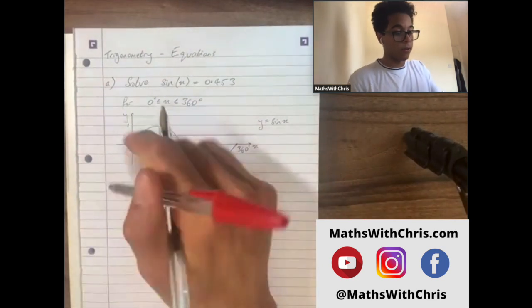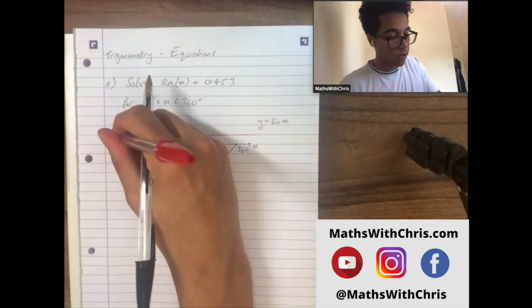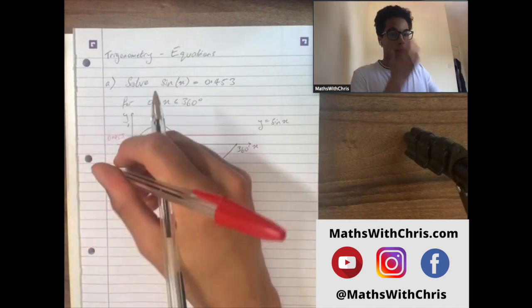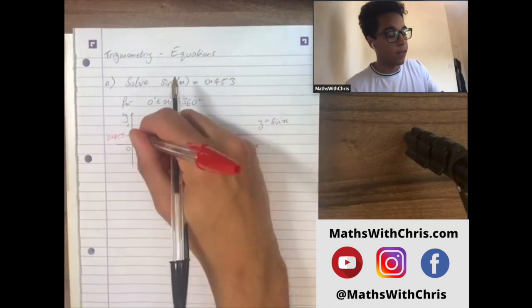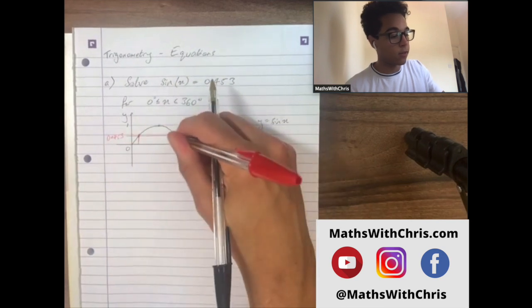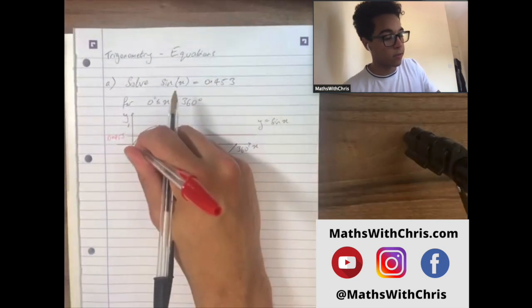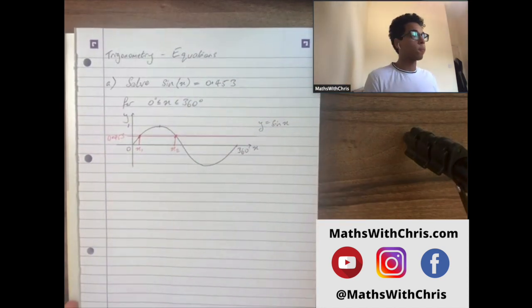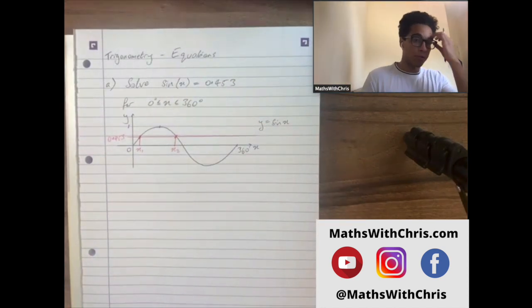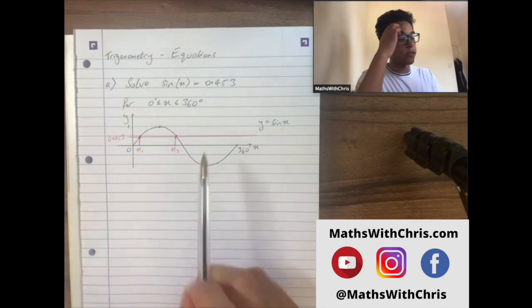So this is the 0.45. Right? So it's here and here. It's these values here, these x values here. These are the values that we're interested in. So that's what we're trying to find. So in fact, there's two solutions.